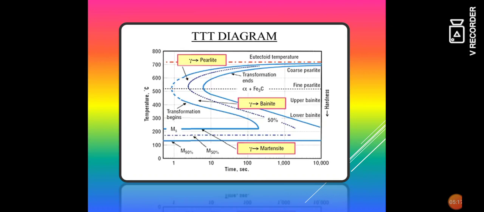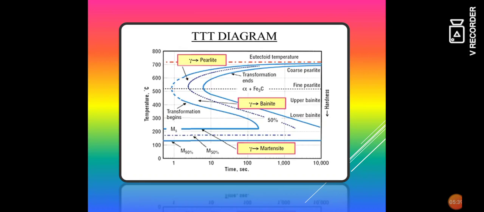Further decreasing the temperature, and the temperature reached at about 100 degrees centigrade, and the metal is held for some time at this constant temperature, the bainite is slowly transformed into martensite, which is the lower temperature phase of the eutectoid alloy.